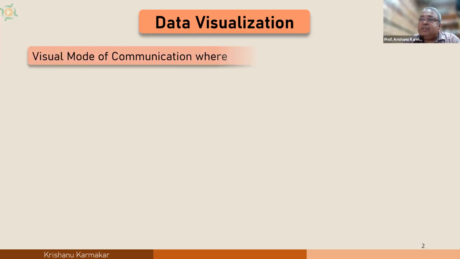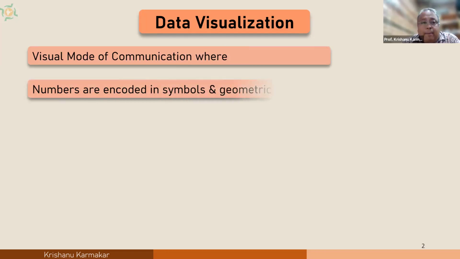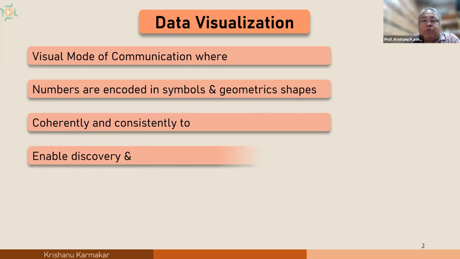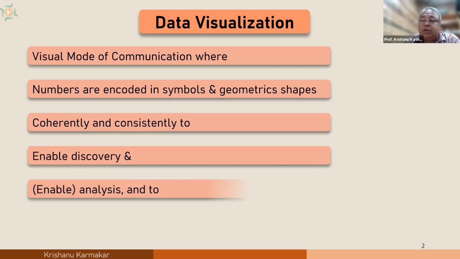So a visualization is basically a visual mode of communication where numbers are encoded in symbols and geometric shapes, and that must be done coherently and consistently, to enable discovery, because there is always something that we do not see per se just by looking at the data, which is hiding in the data, some truth about the real world.